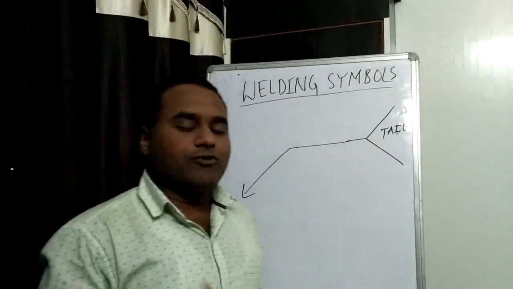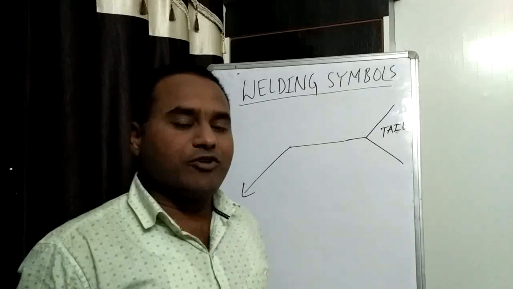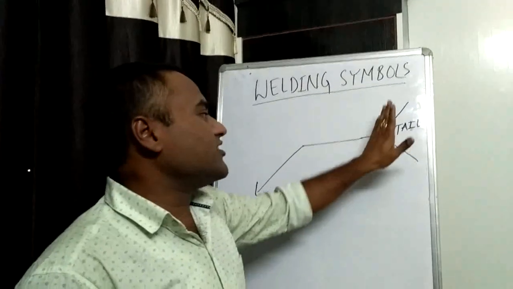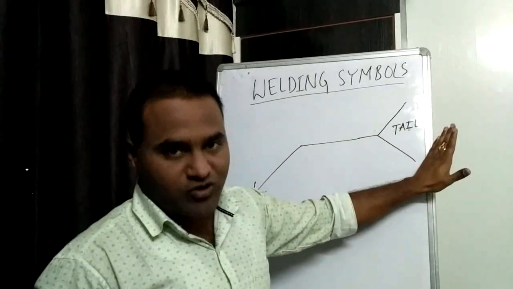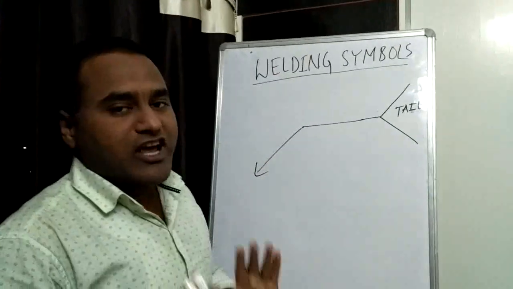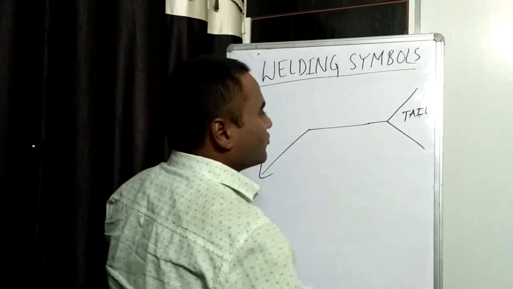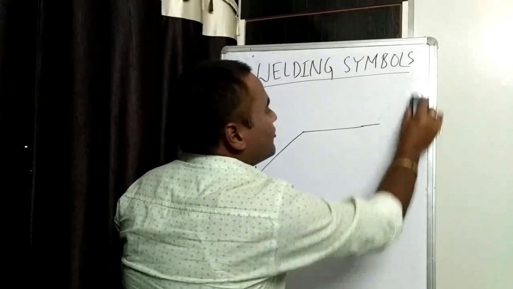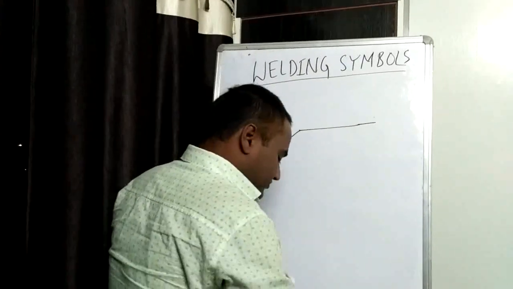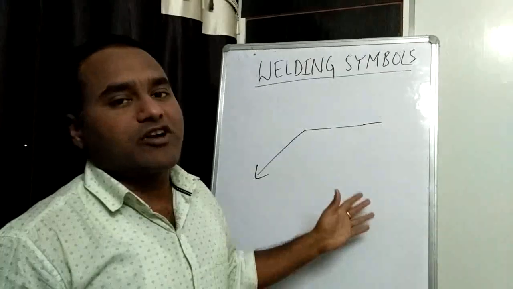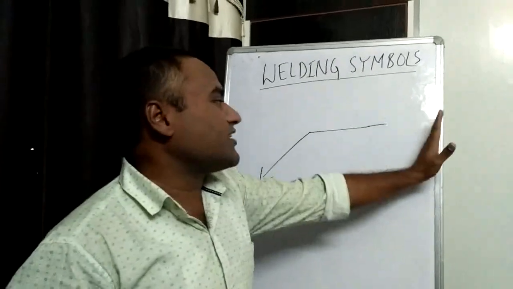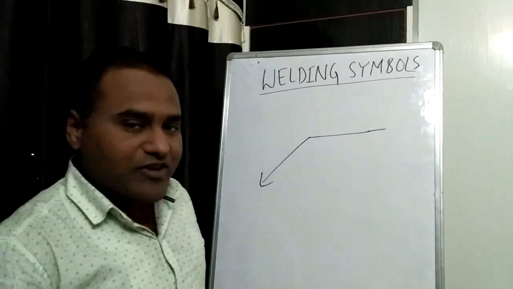And if you don't have anything to mention, then this tail can be omitted also, like here. Suppose I don't have to specify the welding process or applicable code, then this tail can be omitted. So we have finished tail.